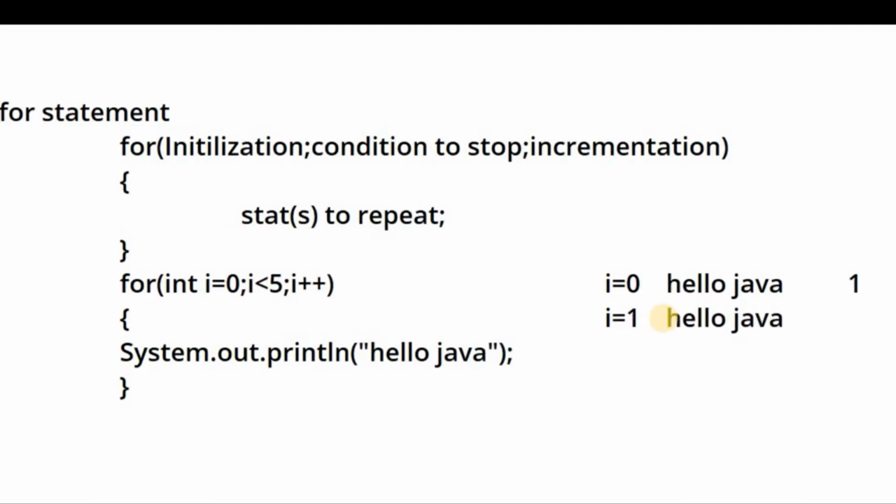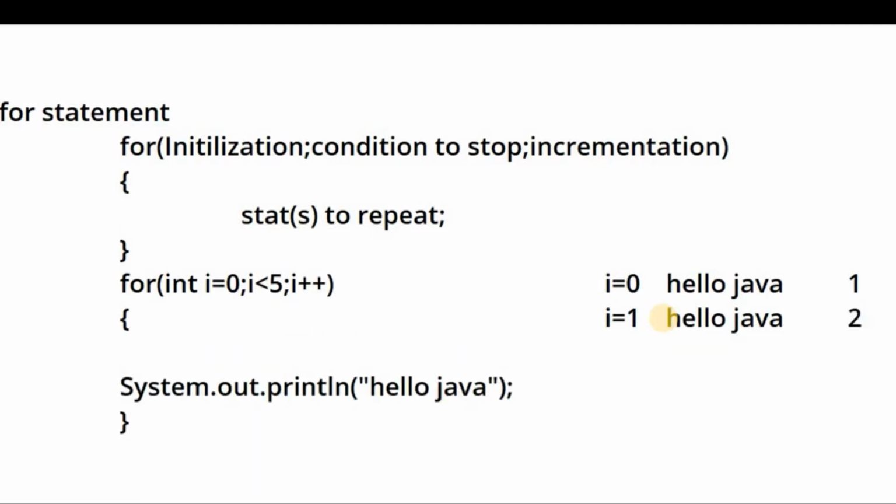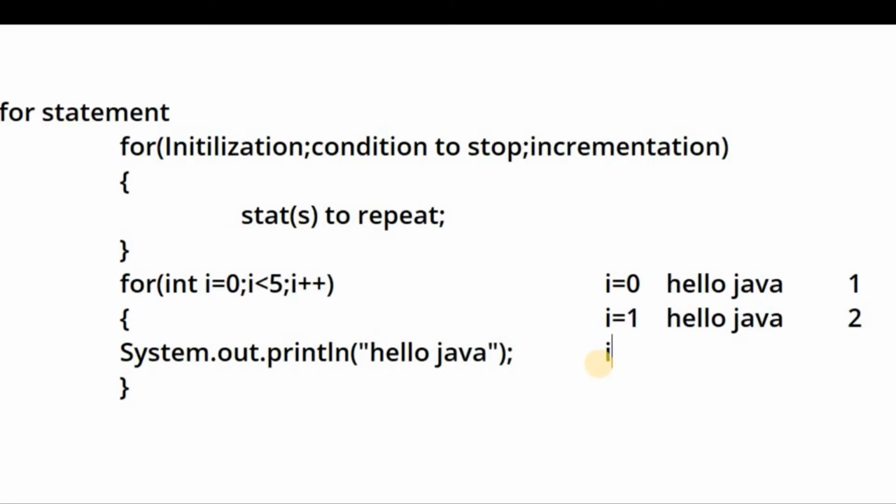Then it takes the i value as 2 and again it prints hello Java, and it increments the i as 3, and in the next iteration it continues with i is equal to 3. That means every time it goes directly to the condition to stop part and then the incrementation part. It will not go to the initialization part. Only in the beginning it takes the initialization.